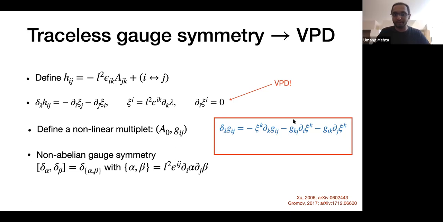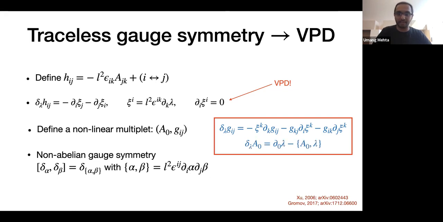The transformation for A0 here is still non-trivial because volume preserving diffeomorphisms do not commute with one another, unlike the higher rank gauge symmetry transformations. In particular, the commutator of two transformations looks like a transformation parametrized by this spatial Poisson bracket of the two parameters, where alpha comma beta is given by epsilon ij di alpha dj beta.